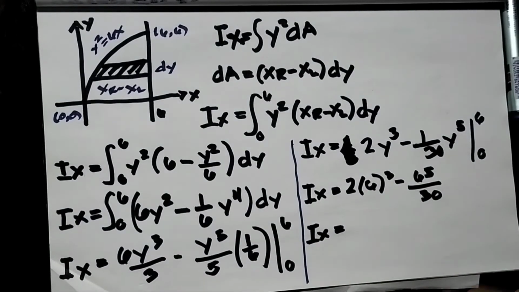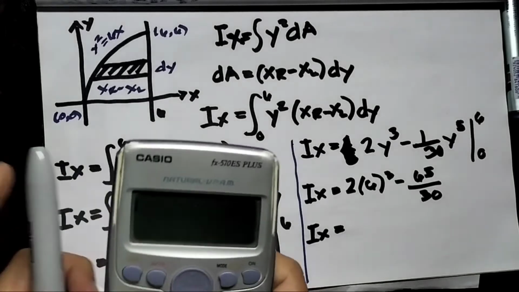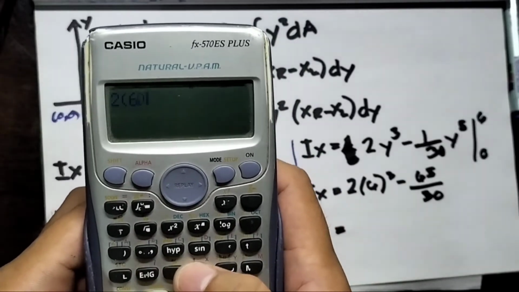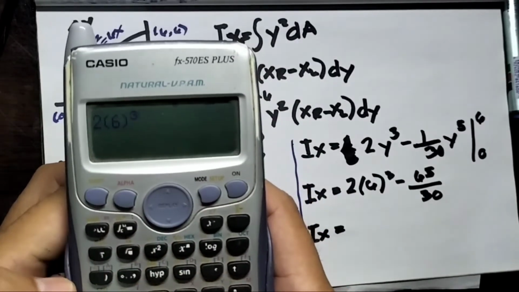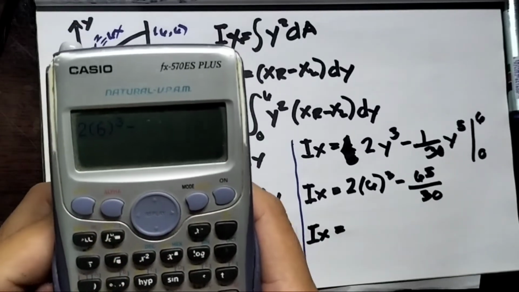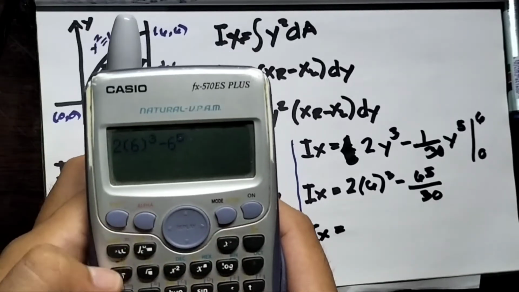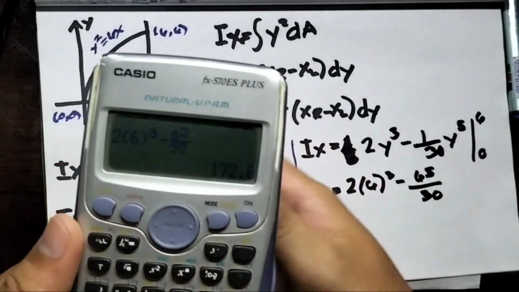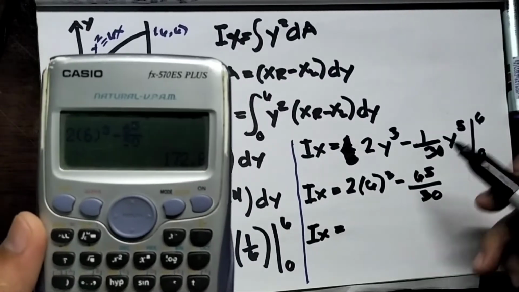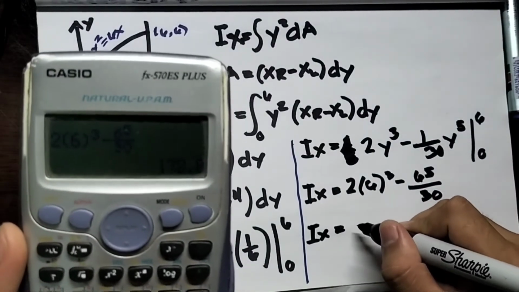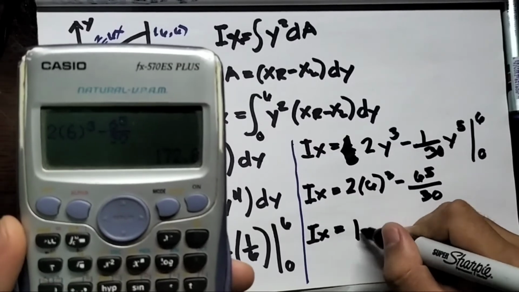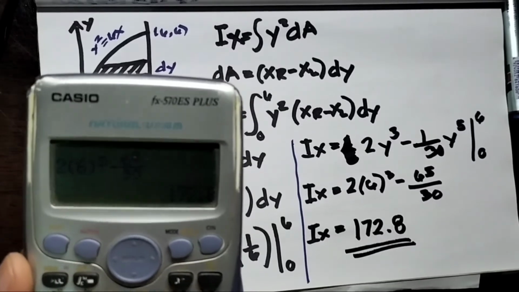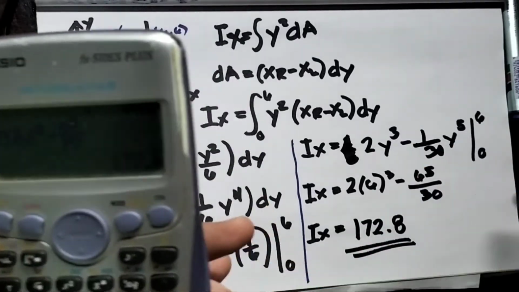So, ayan na lang, lagay natin sa calculator. 2 times 6 cubed minus 6 raised to 5, all over 30. We get our moment of inertia with respect to x-axis is 172.8. And that will be our answer.